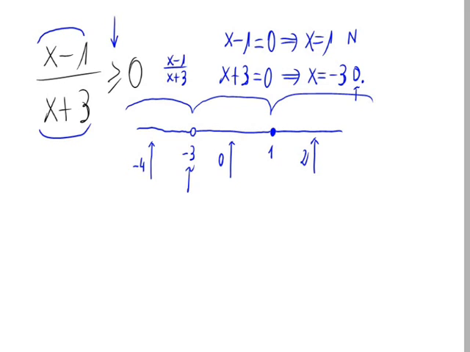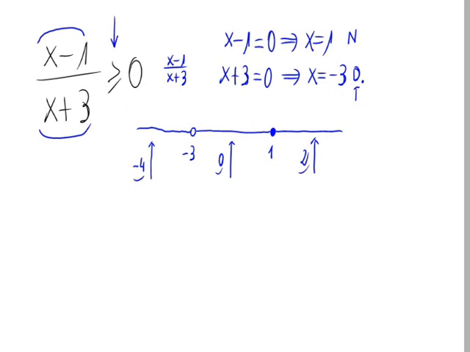So we will always obtain a result from substituting the number of each interval into our fraction that will make the fraction have the same sign in each interval. So the sign will stay the same from minus infinity to -3, from -3 until 1 a different sign, and from 1 until infinity a possibly different sign.